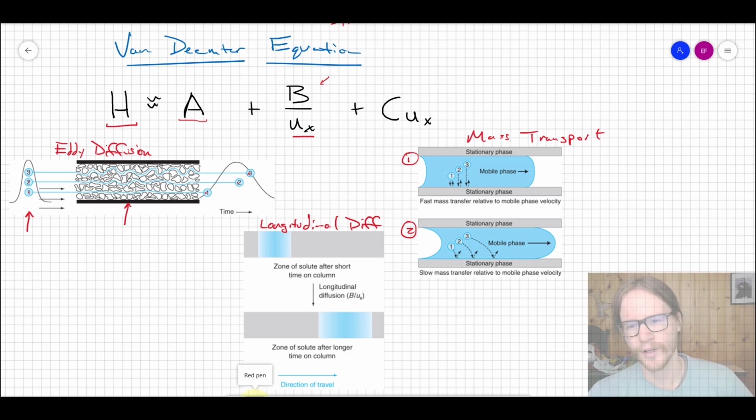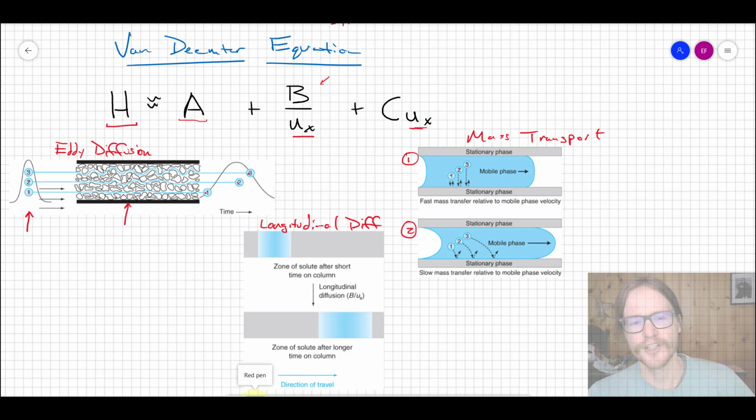Here they're showing particle 1, 2, and 3, which are progressively further away from the stationary phase, and in this case the phase is on the outer walls. And so the equilibration time is different for all 3 of these particles, which leads to this sort of plug broadening out over time. And you can see that that is linearly affected by the flow rate.